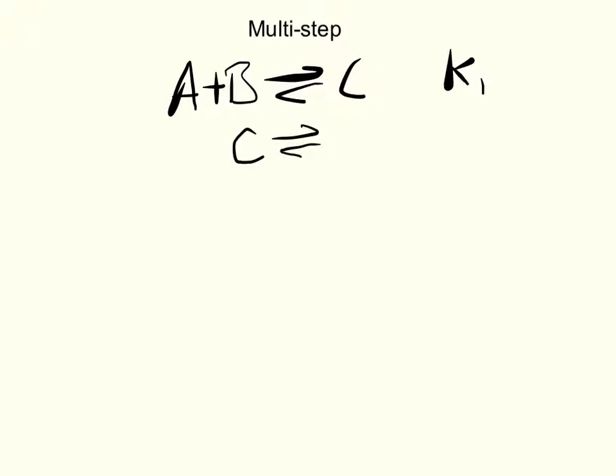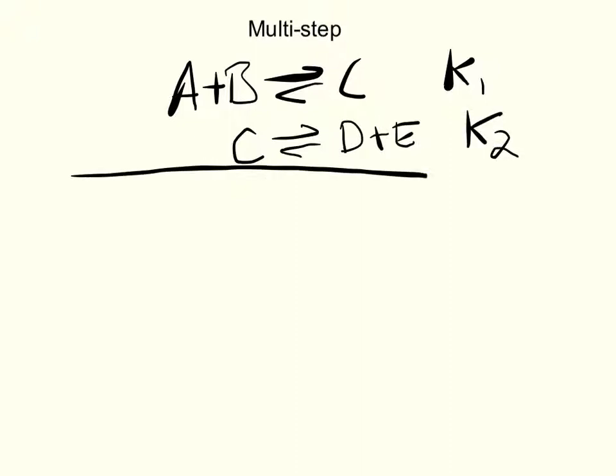What if a reaction is multi-step? So let's say, for example, we had A plus B in equilibrium with C. That has its own equilibrium constant we'll call K1. And let's say C is then in equilibrium with D plus E. It has its own equilibrium constant K2. What's the net reaction of these two?